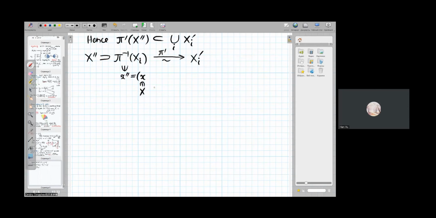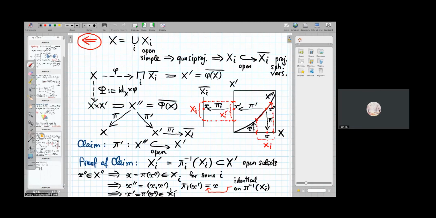which was on the previous page. The component corresponding to xi bar is still the same x, which we have proved here. The component corresponding to xi bar is the ith projection of x prime.